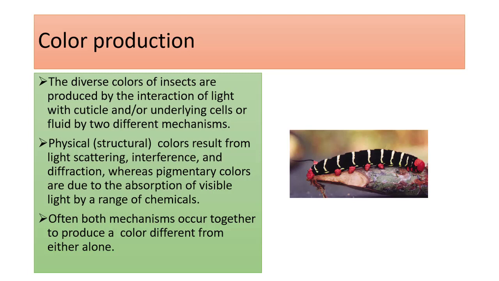Color production. The diverse colors of insects are produced by interaction of light with the cuticle and or underlying cell fluid by 2 different mechanisms. Physical colors result from light scattering, interference, diffraction, whereas pigmentary colors are due to the absorption of visible light by a range of chemicals.